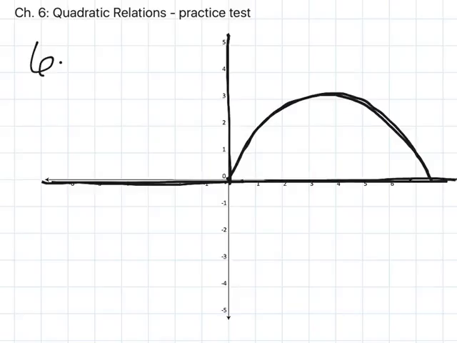So each block or square is 50 feet. So your table of values would be along the lines of, the answers are going to be dependent on how well you could see this.